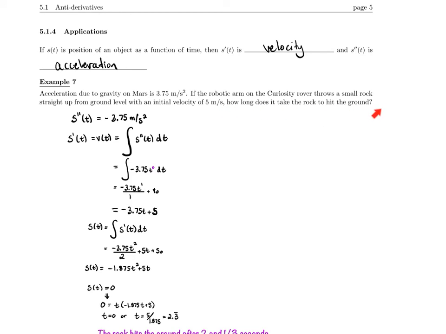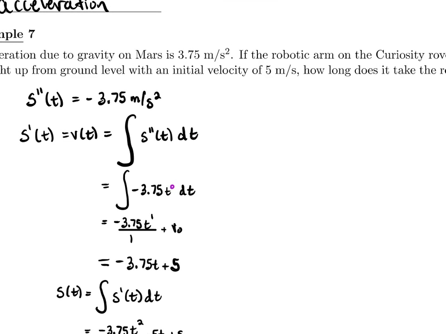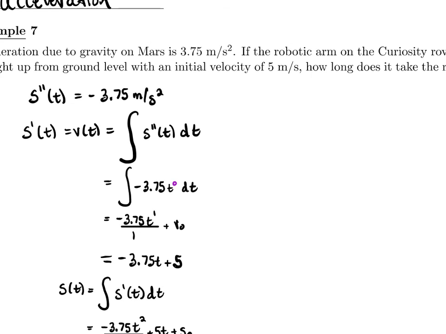Well, we need to find the position function. So we're going to start by saying s double prime of t is my acceleration, negative 3.75 meters per second squared. The negative is because gravity is pulling down. If I want to find my velocity, my s prime of t, I need to do the antiderivative of acceleration. We have to get a little bit tricky here, and we have to say my acceleration is negative 3.75, and I'm going to call that t to the 0.